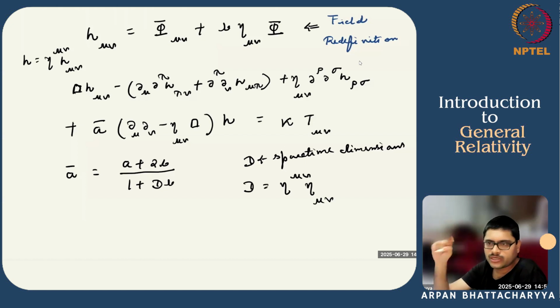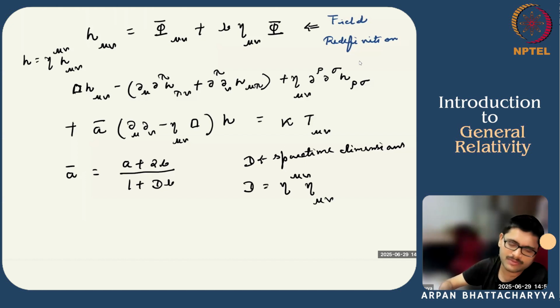We can choose b such that a bar goes to 0 even. If you put b equal to minus a by 2, a bar is 0 basically. But we are not going to make that particular choice. You can, but we will not make that choice. The reason will be clear in the later part of the course, especially when we discuss the gravitational wave equation.